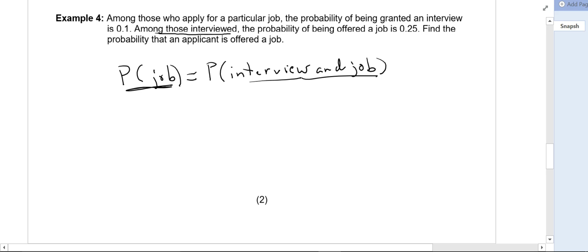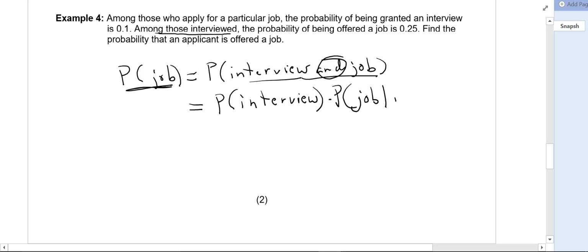Well, we know for and, there's a formula. That formula for this particular problem is the probability of the first one times the probability of the second one given the first one. Well, the probability of an interview we have right here, 0.1.